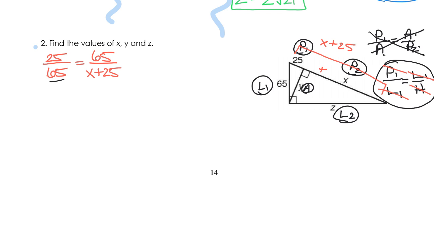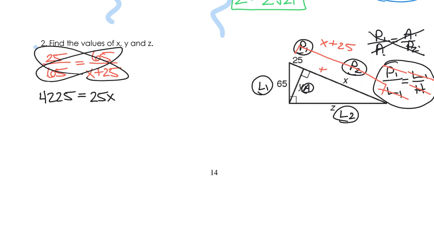We cross multiply. 65 times 65 is 4,225 equal to 25 times x is 25x plus 25 times 25 is 625.